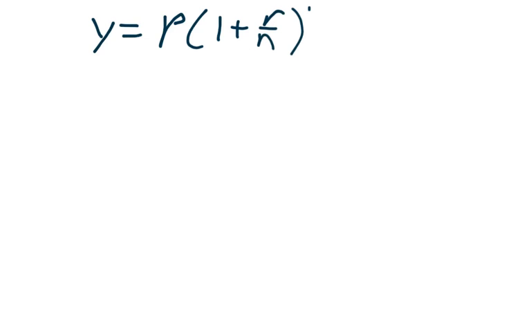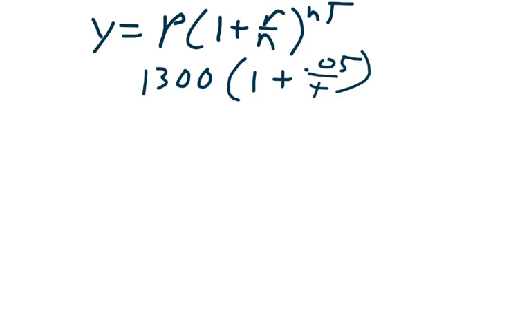For problem number 4, we have our compound interest formula. And so we have 1,300 times 1 plus the rate is 5%, so we got 0.05. Quarterly is 4. And then the time in years is 10 years. So here's the equation.